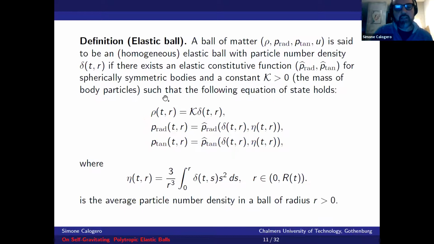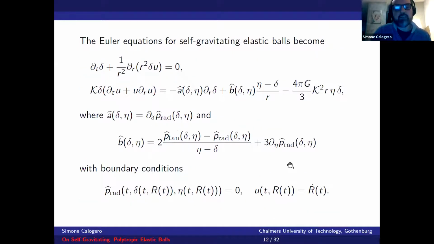So now we have only two independent variables, right? Delta and u. So now I can rewrite this Euler equation only in terms of delta and u. The first one is just, again, the continuity equation, that now I express in terms of delta instead of rho.